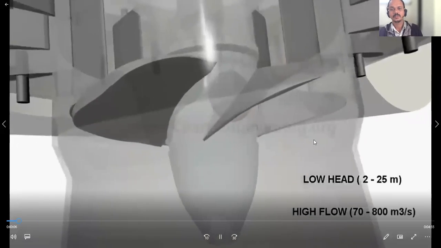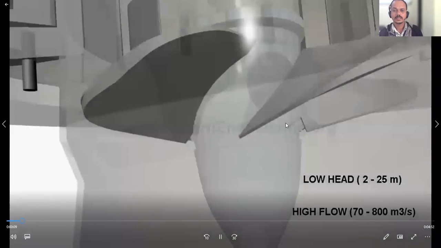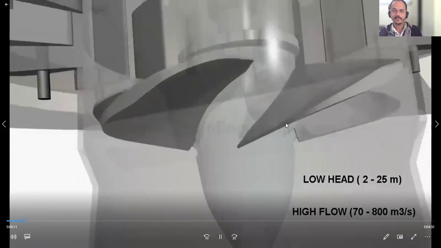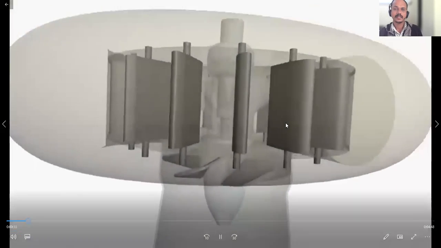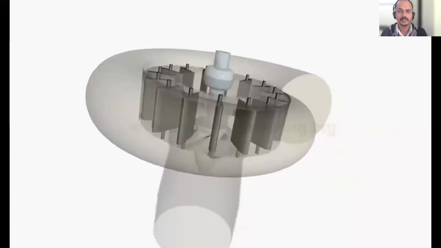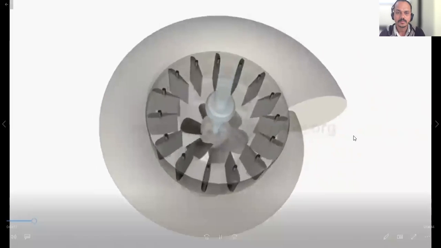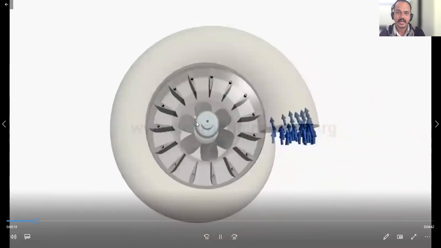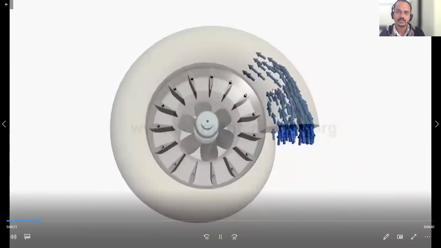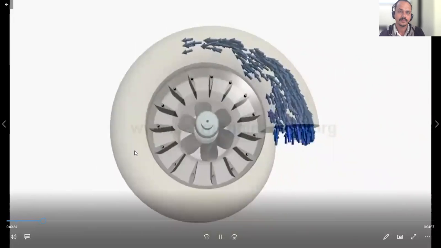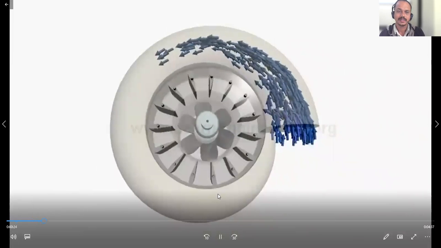You can observe here, this is the turbine which works on low head and high flow. When the discharge is more, at that time we can use this Kaplan turbine. So this is the actual turbine. When water flows through the scroll casing, it enters through the guide vanes.